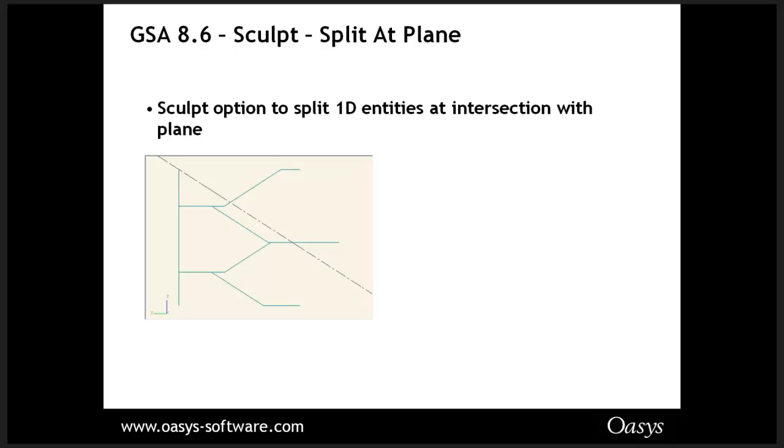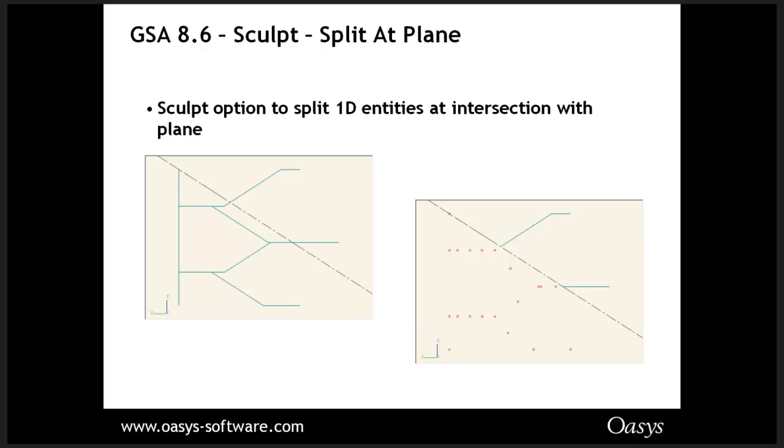There's a split plane option. What I've done here is I'm looking at the elevation of a structure, my favorite structure, and I've specified an inclined grid plane, and I've chosen to split at that grid plane. And then what I subsequently did was delete all the elements on one side of that grid plane so as to illustrate how that worked.